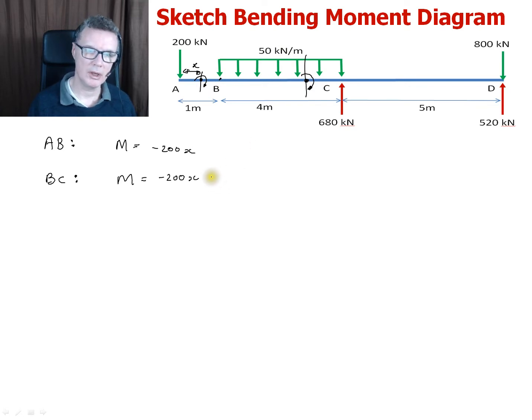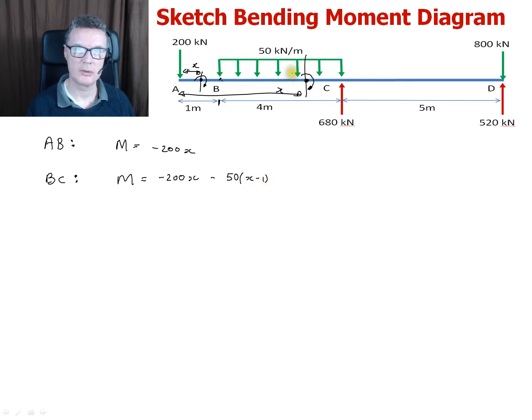So my UDL is trying to go downward, so we'll put the UDL value as 50. So I've got this amount of UDL. So we're now at position x. The starting point for my UDL is at 1 meter. So I've got x, take away 1 amount of UDL force. And where is this section acting? It's acting in the middle.